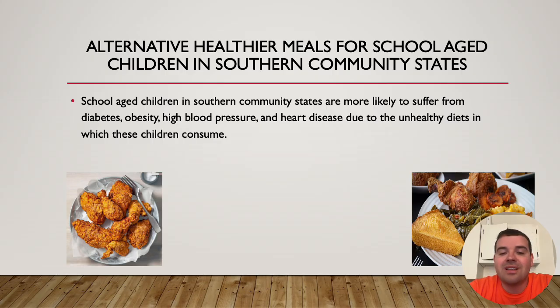School-aged children suffer more from diabetes, high blood pressure, higher levels of cholesterol, heart disease, and a lot of the issues stem from the meals that are provided to them. Now, I'm not saying all the issues stem from that, but a lot of the issues start at a young age from some of the foods that they're given.